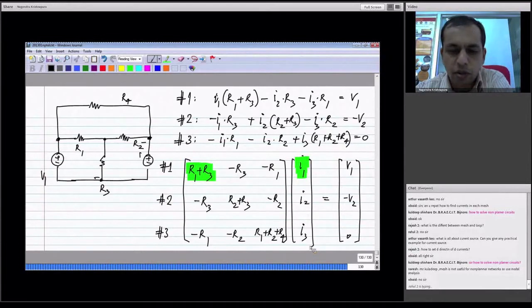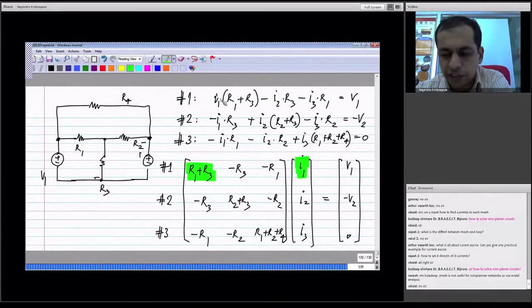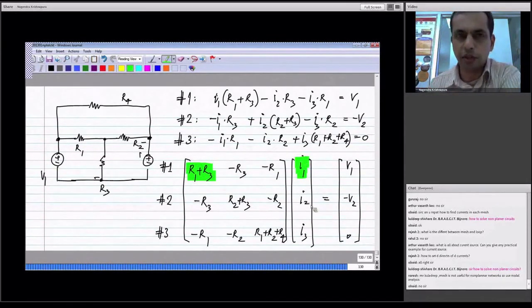Then I wrote KVL in terms of these mesh currents, and finally I grouped the coefficients for each variable I1, I2, I3, and then wrote the whole equation as a matrix times the vector of unknowns equals the vector of independent sources. Okay. Any questions so far?